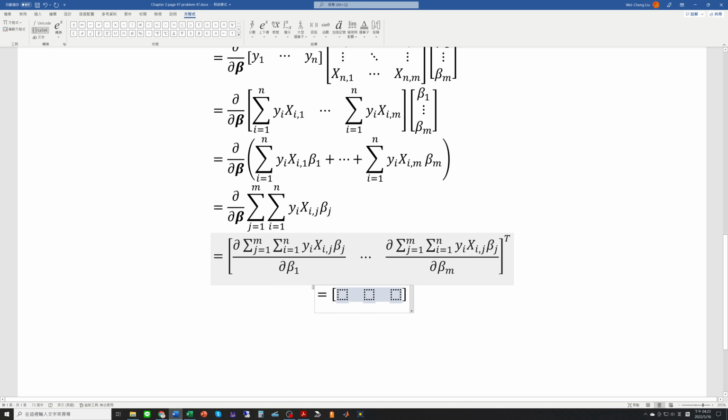So this is summation i is equal to 1 to n yi xi1 beta 1. And taking the partial derivative with respect to beta 1, we have this equation.